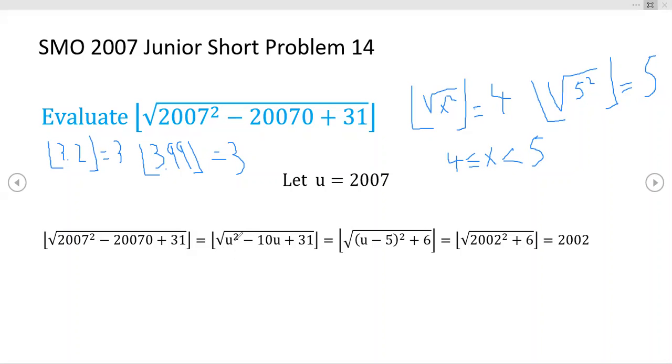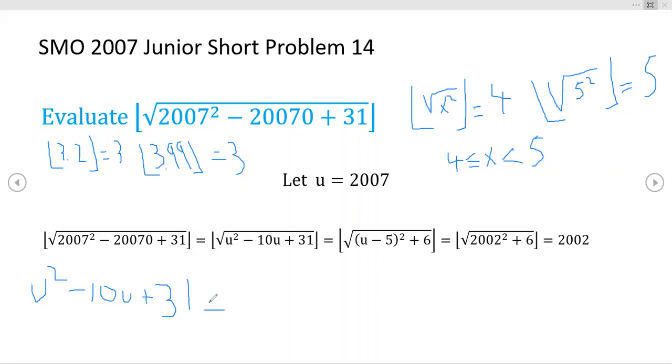Let's take a look at this radicand, u squared minus 10u plus 31. Let's write that down over here. Anytime you have a quadratic in this form, you can do a process called completing the square.